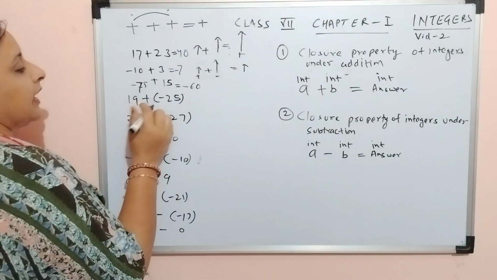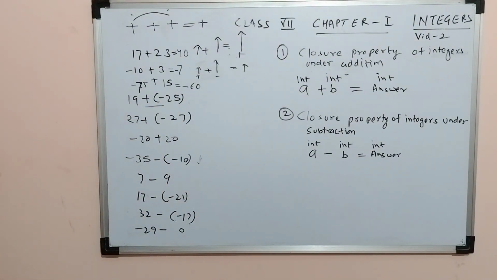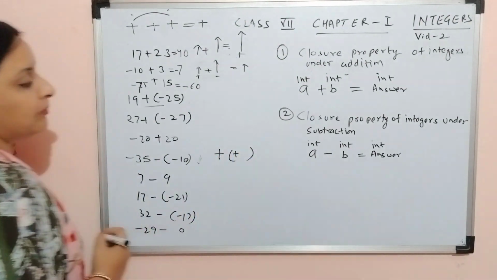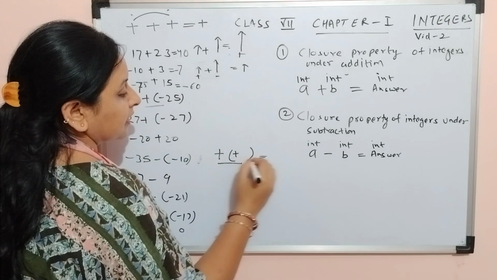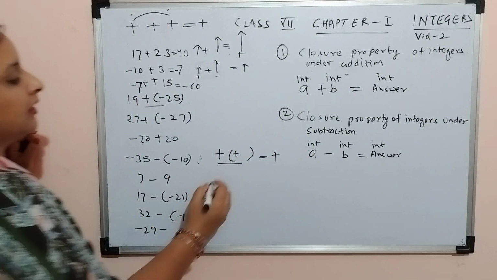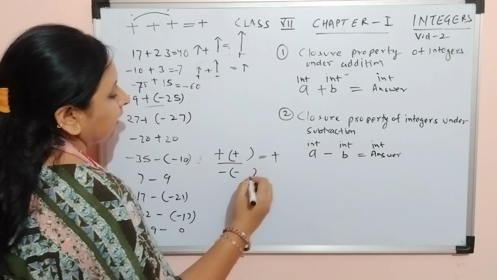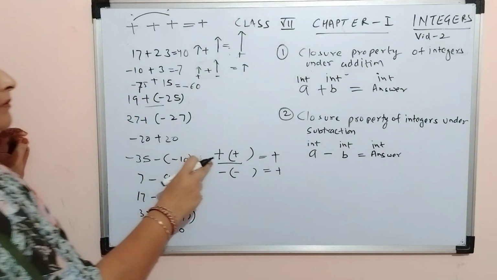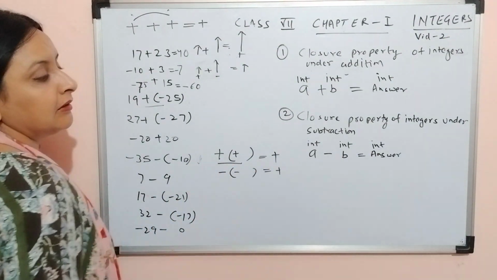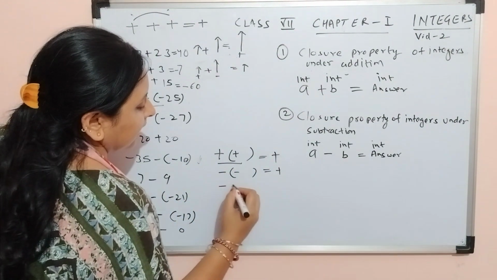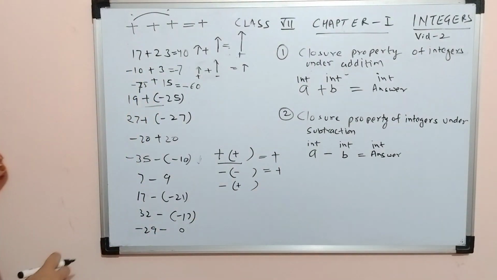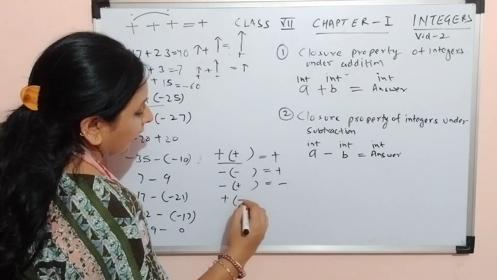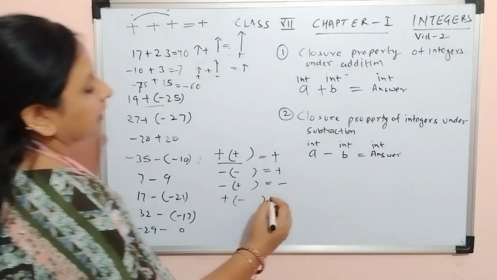Sometimes you will see this kind of combination where you get two signs, so don't get confused. If you have positive and positive sign in the bracket, instead of these two signs you will get positive. If you have negative and negative in the bracket, instead of these two signs you will get positive, because when minus is multiplied with minus, you get plus. If you have minus and plus, you will get negative, and if you have plus and negative, you will get negative.